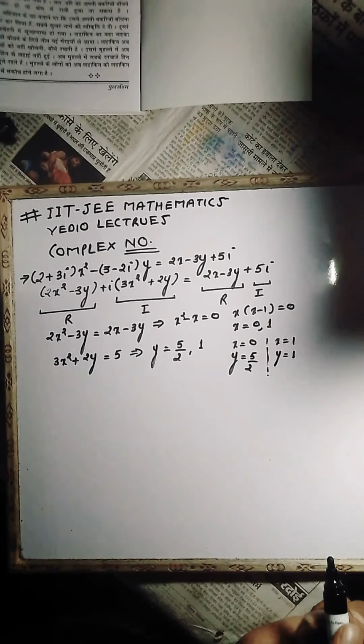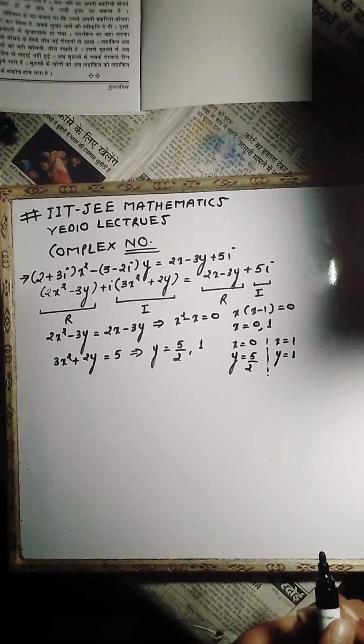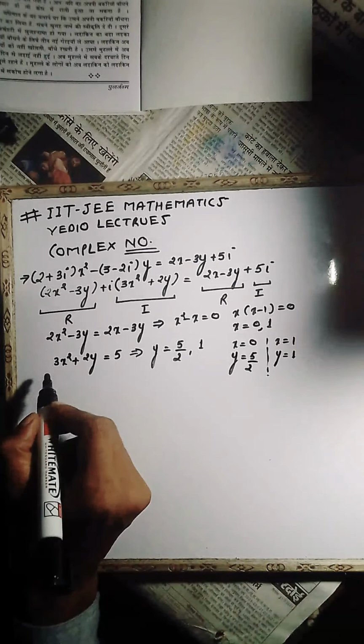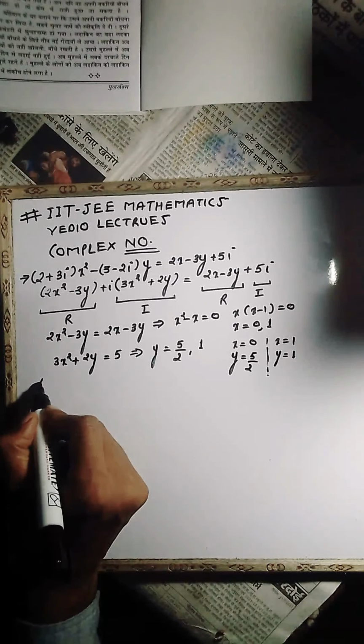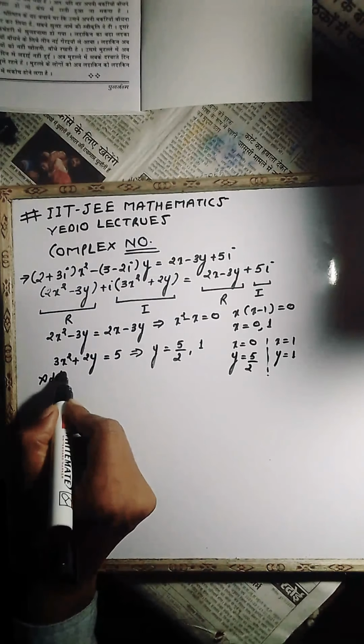So I hope you have got the concept of real and imaginary part in a complex number. So now we will see some basic operations of these complex numbers. So firstly, addition.